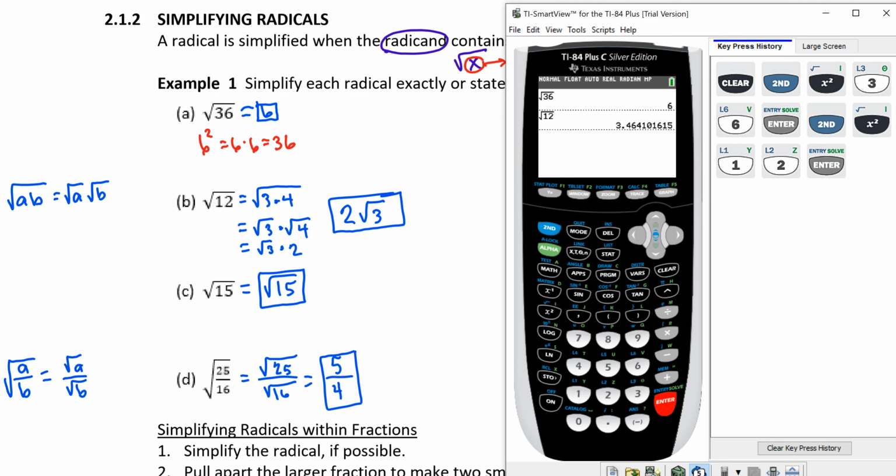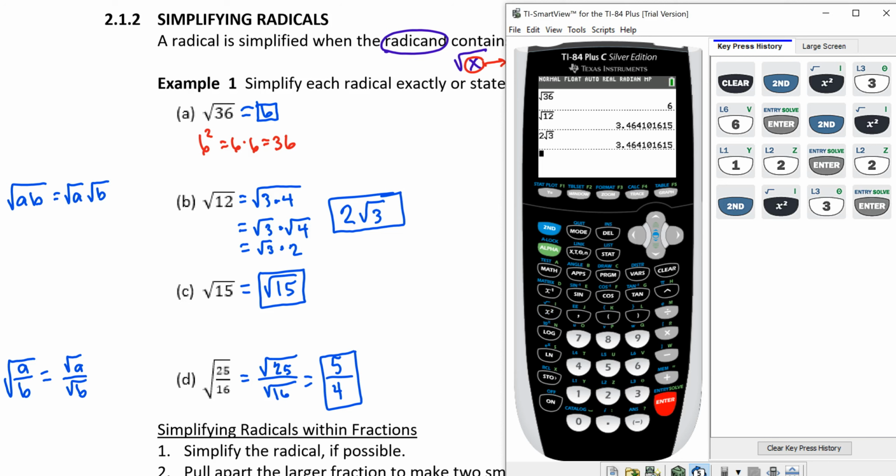Now, the answer that we ended up with is exact. We got 2 square root of 3. To see if we simplified correctly, I'm going to type in my reduced answer, 2 square root of 3, and notice the decimal values are the same. So we know that 2 square root of 3 is the correct simplification of square root of 12.